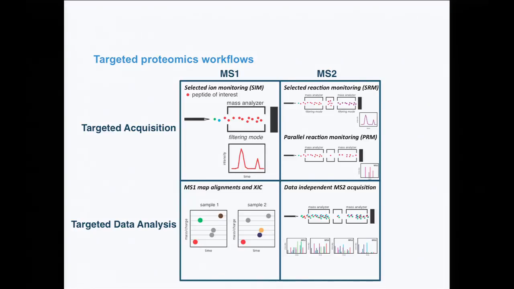PRM is a bit special because it combines both things, right? It's targeted acquisition, but we also do targeted data analysis. And finally, MS1 targeted data analysis would be, for example, if you look for specific peptides in an MS1 map, or if you look for specific targets in the MS2 maps generated by data-independent acquisition modes.